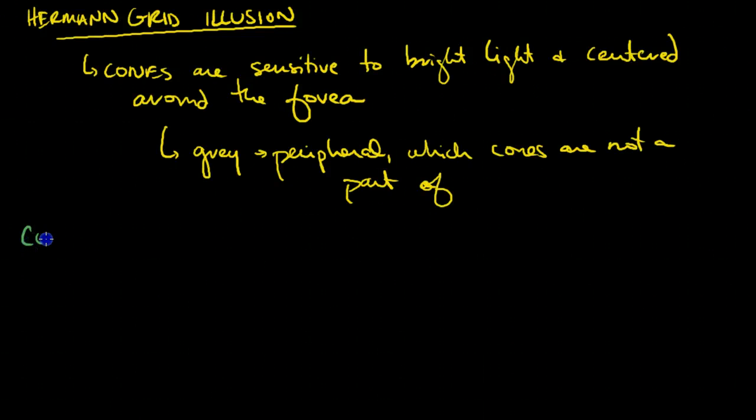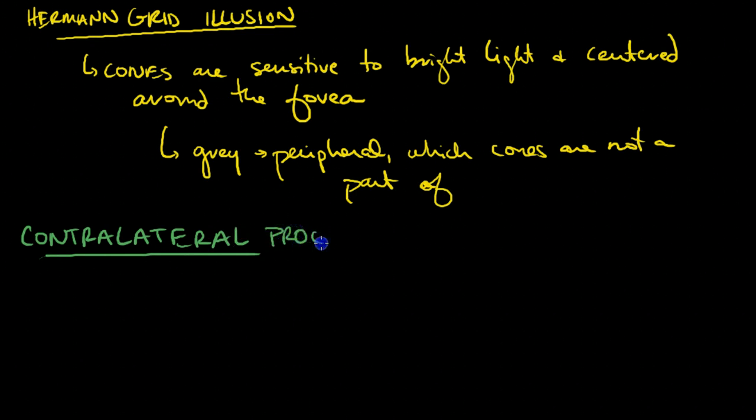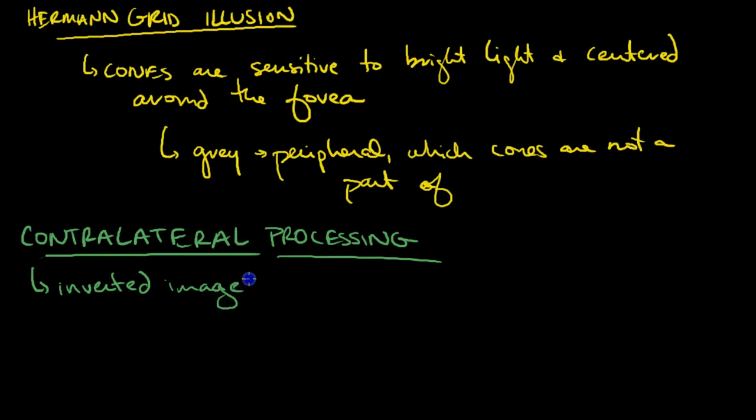So with contralateral processing, essentially the idea is that we use both of our eyes to receive signals from our environment, but those signals actually become inverted images on the back of our retina that then, remember, get sent, that impulse gets sent to the brain, where the brain has to make sense of it.